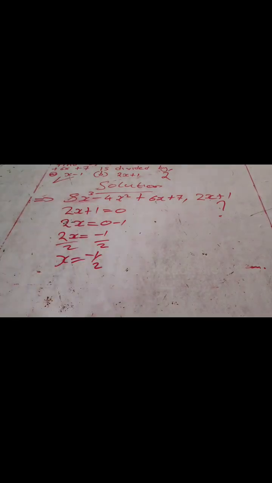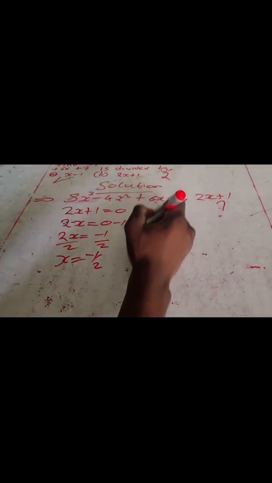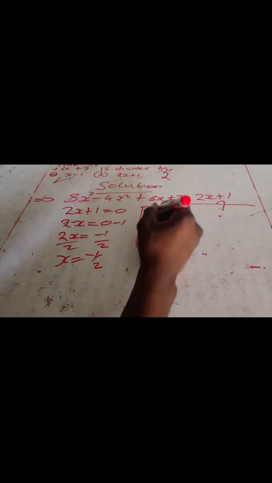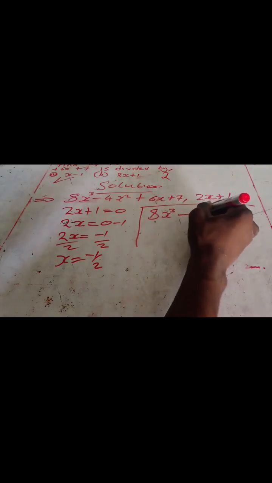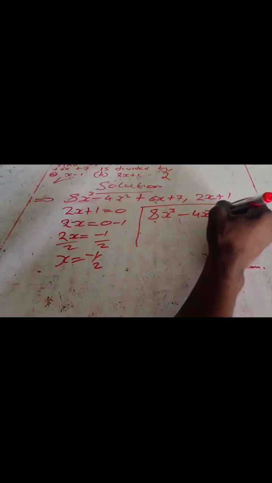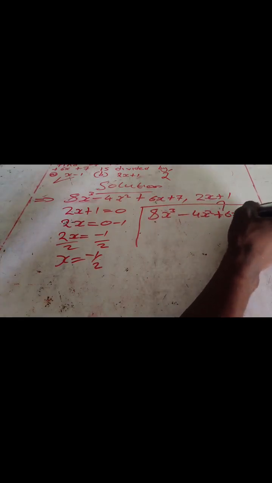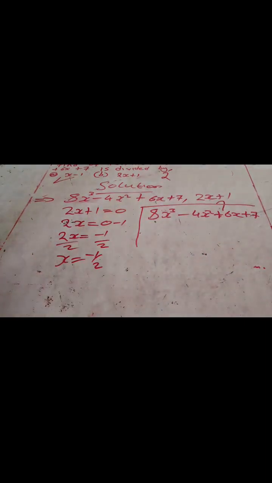So after finding the value of x to be negative 1 over 2, we're going to replace it in this polynomial of ours, which is 8x cubed minus 4x squared plus 6x plus 7. So where there is x, we replace it with this value that we have found. So let's start.